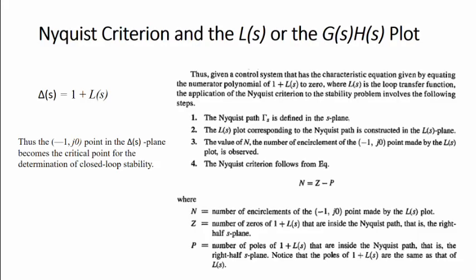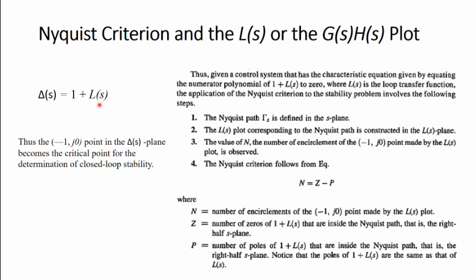Now the Nyquist stability criteria. The loop transfer function L of S, or what we call G of S, H of S, has an important role as it had in the root locus method. The characteristic equation we represent by 1 plus G S H S is equal to 0. Here we represent delta of S is equal to 1 plus L S. L S is G of S, H of S. Right?